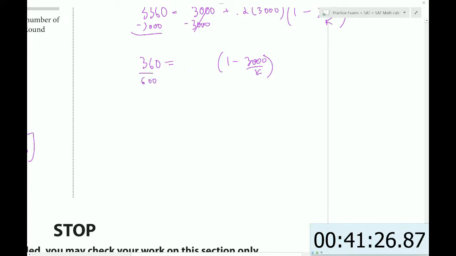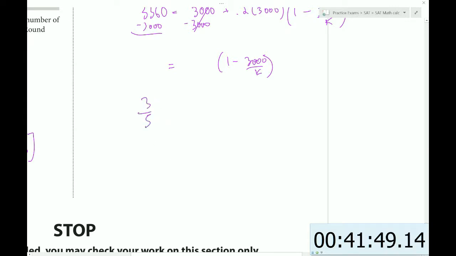Gets rid of this. And we have a 0 sticking out here. So this is really 6 times 6, and this is 6 times 10. So we can cancel out the 6's. And then 6 is really 3 times 2, and this is really 5 times 2, and we can cancel out the 2's. So we end up with 3/5 on this side.